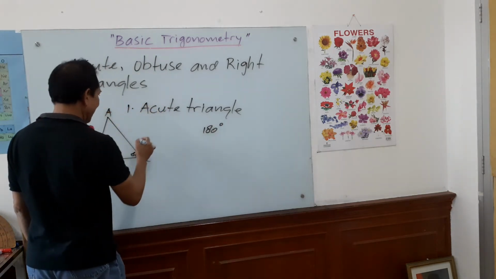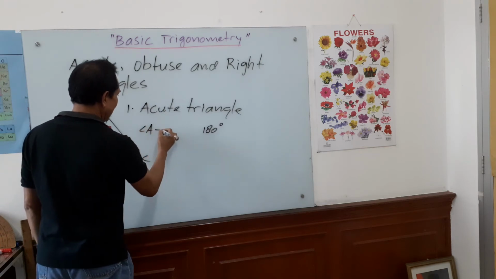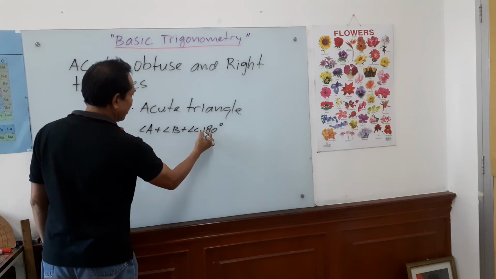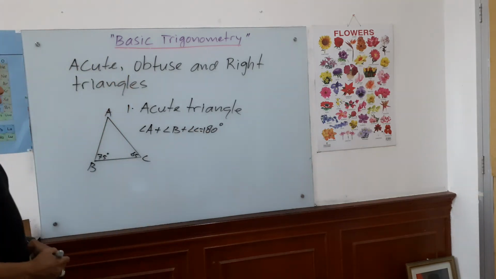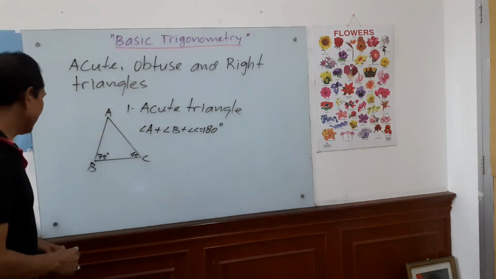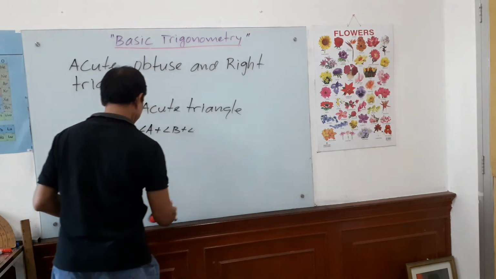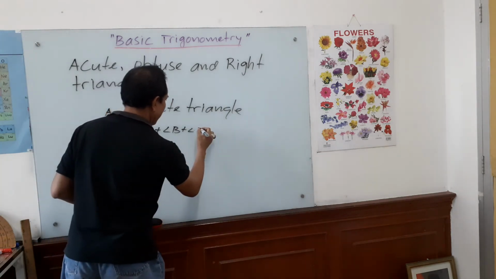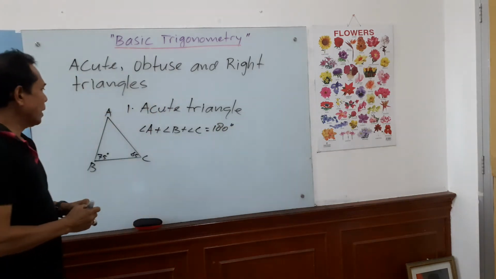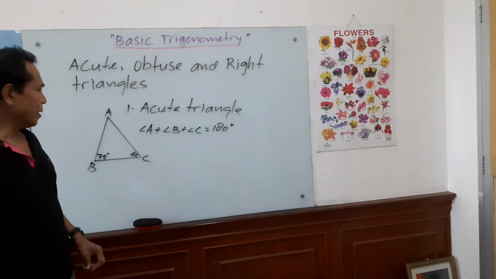So, for example, we have angle A plus angle B plus angle C equals 180 degrees, okay? Angle A plus angle B plus angle C is 180 degrees.